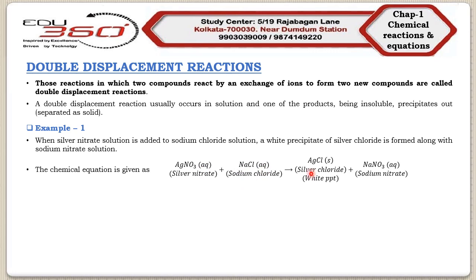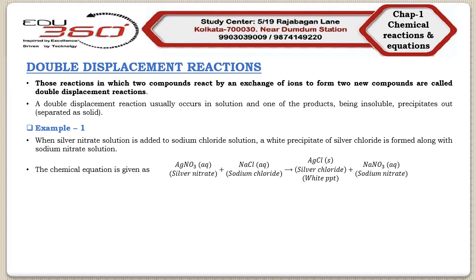Silver chloride is the white precipitate, so it is nothing but a solid. That is why we have represented silver chloride by AgCl within bracket s, and finally there will be formation of sodium nitrate solution, which is represented by NaNO3 within bracket aqueous.